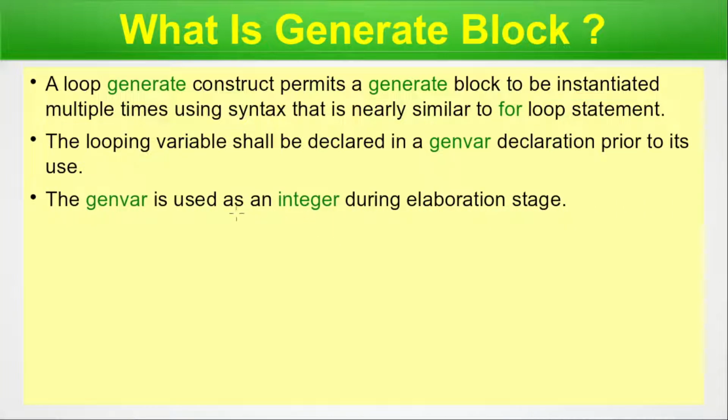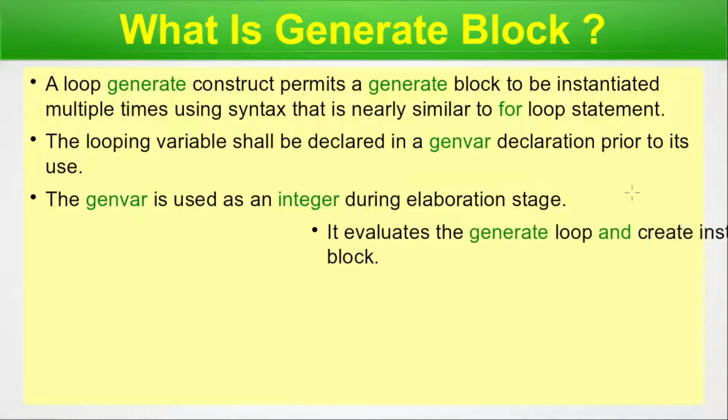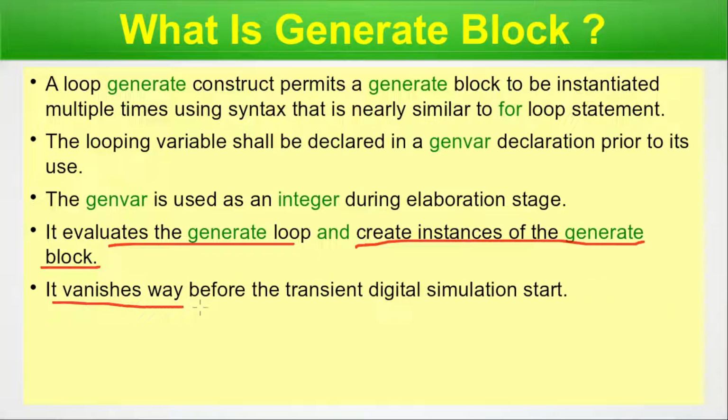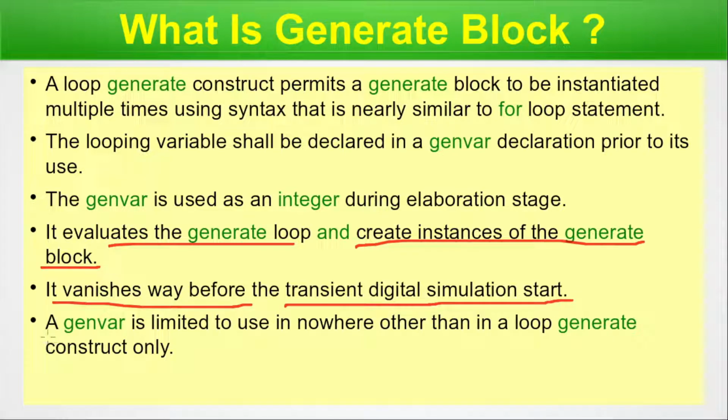The genvar is used as an integer during the elaboration stage. So it gets flattened during the elaboration stage of the simulator. It evaluates the generate loop and creates instances of the generate block. It vanishes way before the transient digital simulation starts. A genvar is limited to use nowhere other than the loop generate construct.